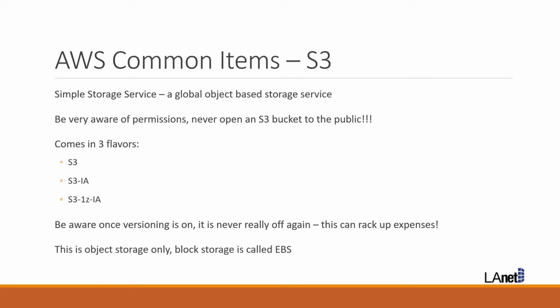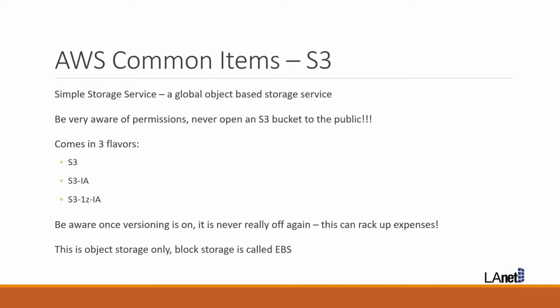And then the 1Z IA is kind of recent. I can't remember the old name for it. It's a service that was relaunched recently as 1Z IA. It's infrequent access, but only in a single availability zone. So in S3, I believe that their SLA is 11 nines for data loss.